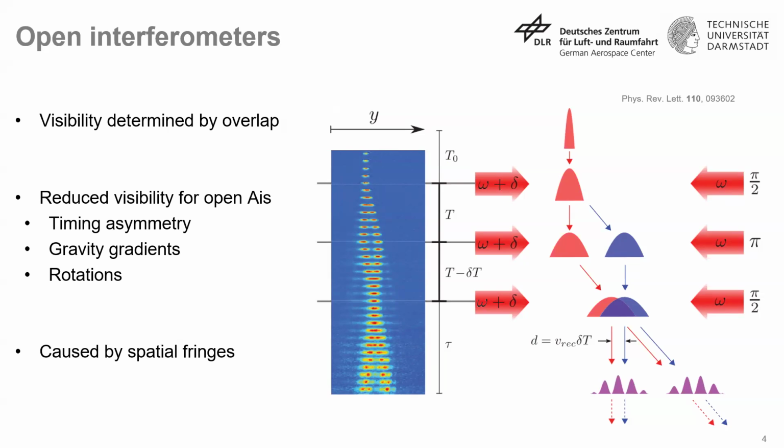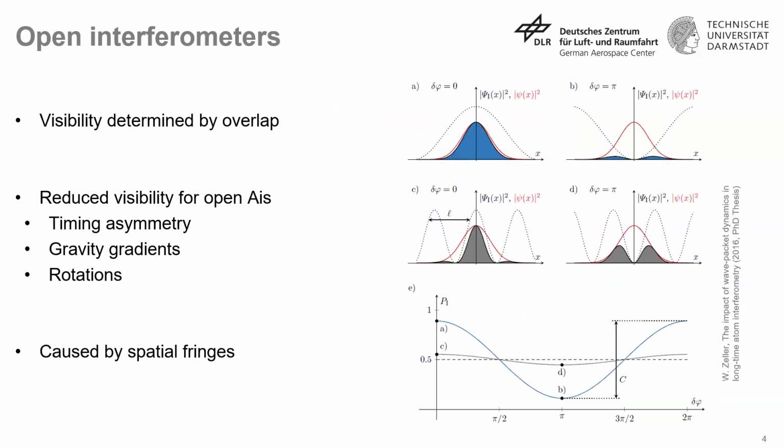You will not get up to 1 because the spatial fringes always cut out, so by integrating over those atoms you cannot reach unity, and you will never get perfect visibility. So spatial fringes imply a displacement and an imperfect visibility for the integrated particle number. You can see that here.